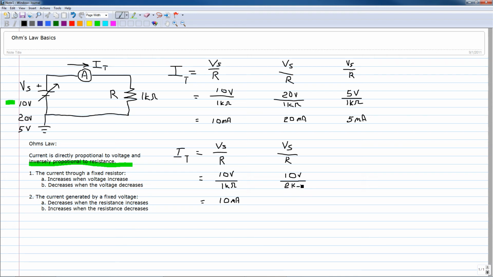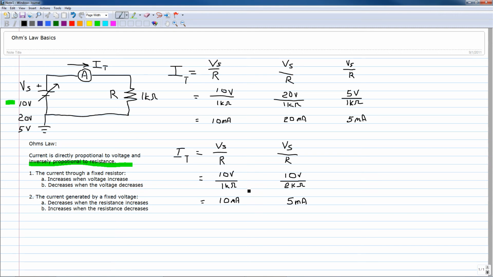Substituting that in, that will give us a current of 5 milliamps. So by keeping the voltage the same and doubling the resistance, the current went down by 5 milliamps. As you can see, increasing the resistance reduces the current.